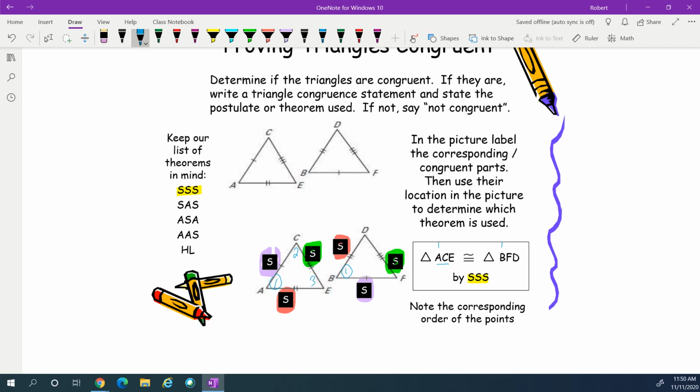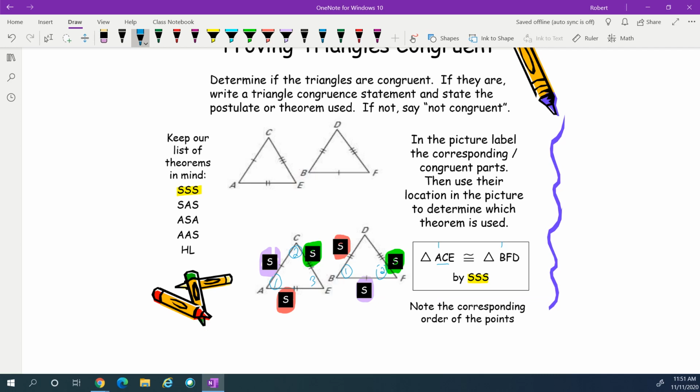I made number 2, or angle 2, between sides 1 and 3. So I have to do the same thing in the other picture. Since it's colored, I could say it's the angle between the purple and the green. But if it's not colored, if we're not using our colored pencils, that's okay. It's the angle connecting side 1 and 3. So in the other picture, I go angle between 1 and 3.